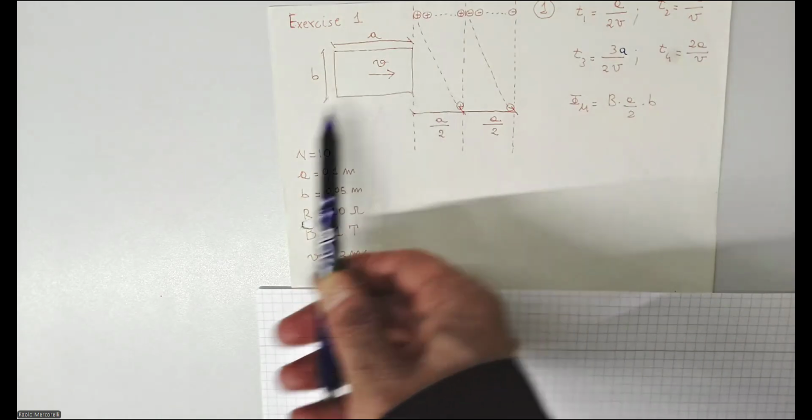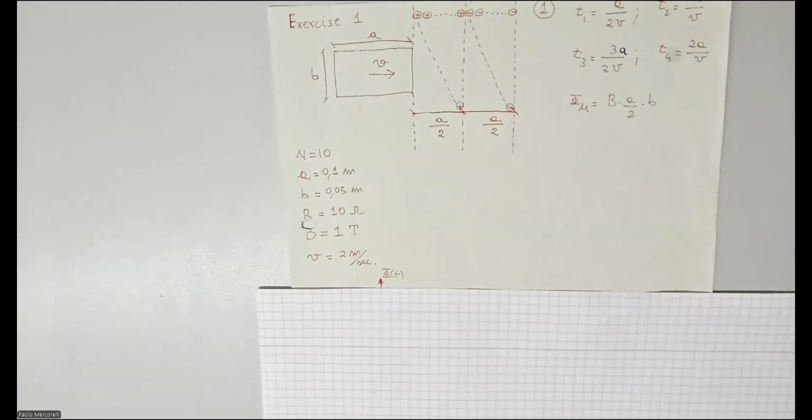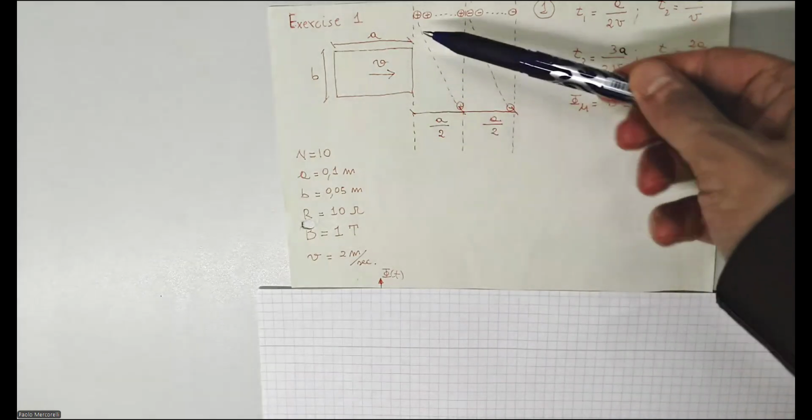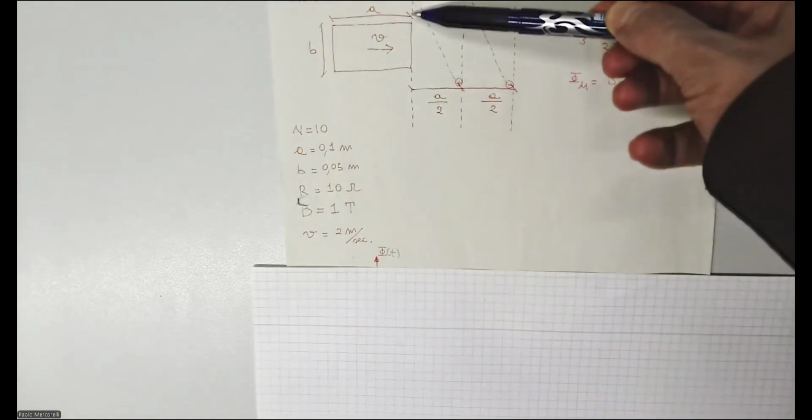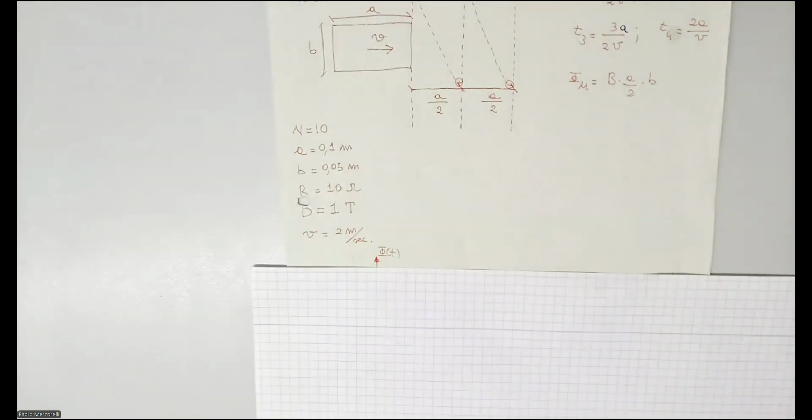As we have seen in the lecture, this active surface is b multiplied by v velocity multiplied by the time.